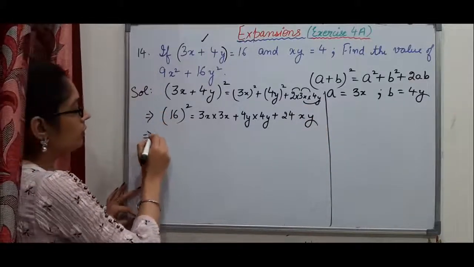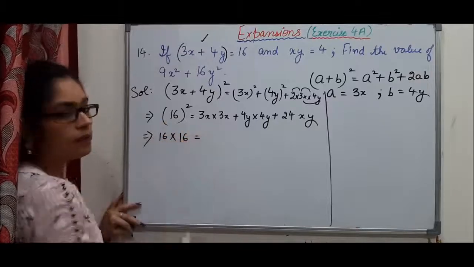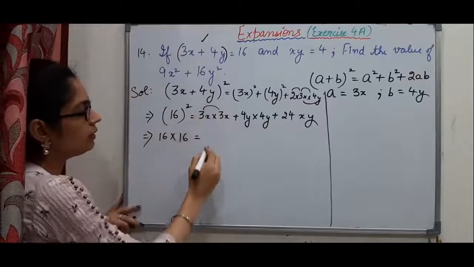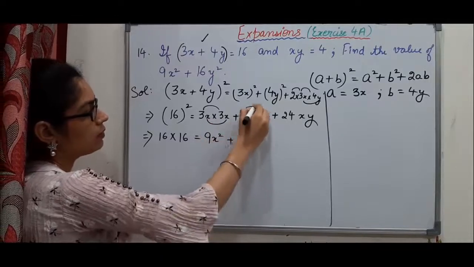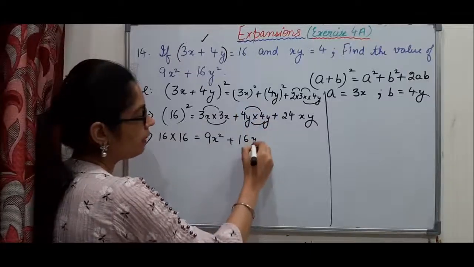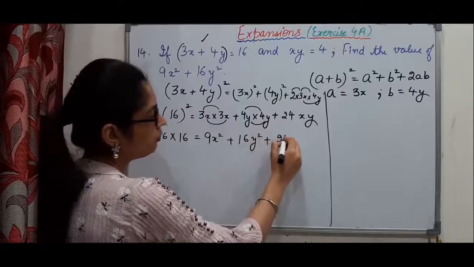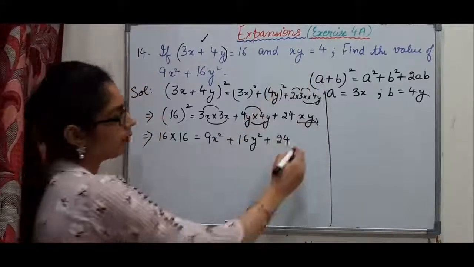16 square is 16 into 16. 3x into 3x, 3 into 3, 9. X into x, x square. Plus 4 into 4, 16. Y into y, y square, plus 24. See, xy, its value is given to us as 4. So we'll write the value.